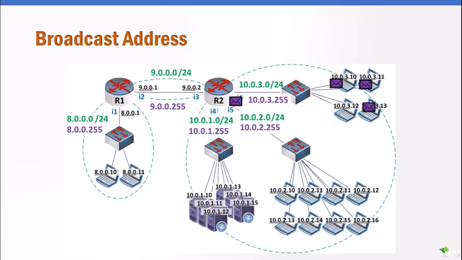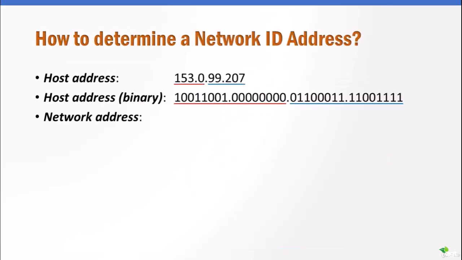Hopefully that's clear enough. We're just going to look at one more example of how to determine a network ID address and how to determine a broadcast address. So in this example, we're going to use host address 153.0.99.207. And this is the binary representation of this address. The red part is going to be our network portion, and the blue part is going to be our host portion.